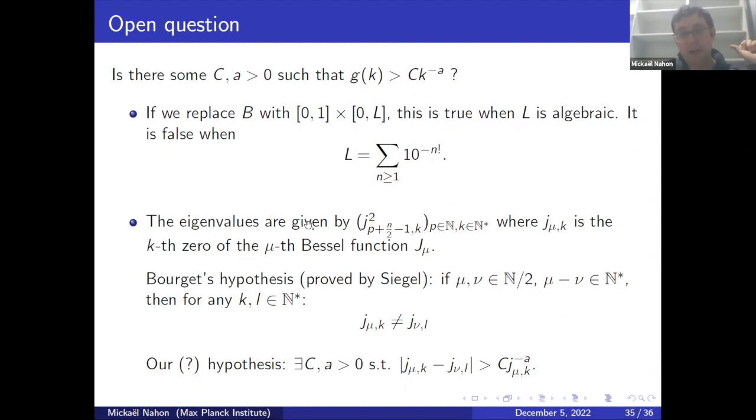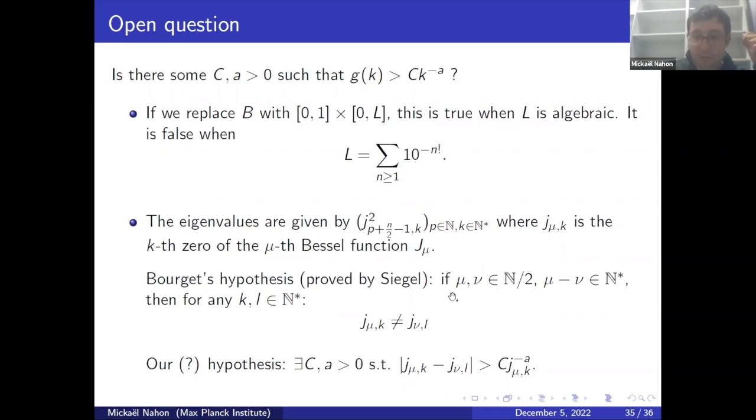Typically the eigenvalues of the ball are given by the squares of zeros of Bessel functions. So I write them like this, where p and k are indices. Basically, j of mu, k is the k-th positive zero of the mu Bessel function, which basically looks like a sinusoid that decays at infinity.